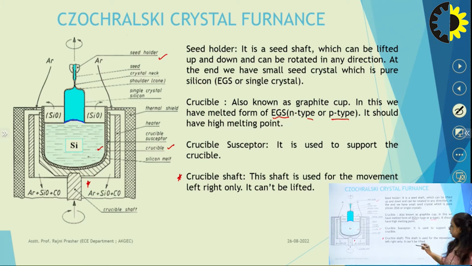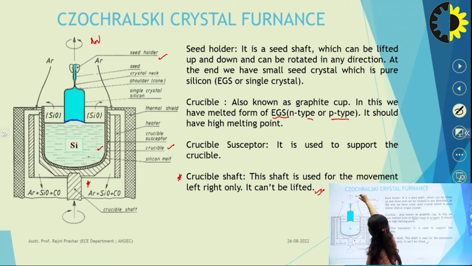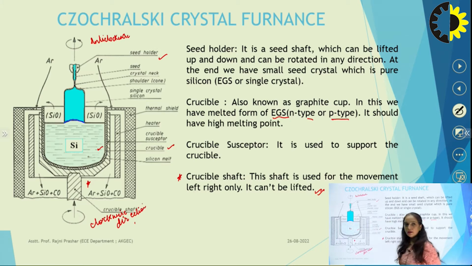And one very important thing should be kept in mind: if the seed shaft rotation is in an anti-clockwise direction, this should be in clockwise direction.